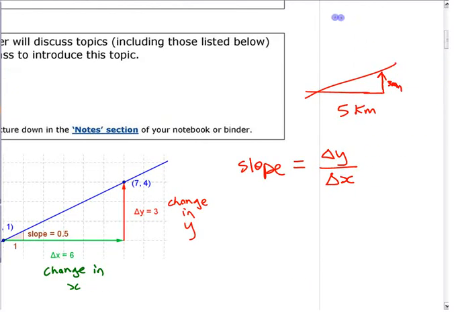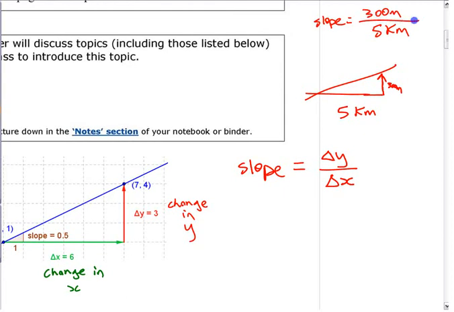The slope in that situation would be 300 meters per 5 kilometers. In 5 kilometers you went up 300 meters. That's what the slope represents. It's a comparison of how far up or down you go to how far along you go.